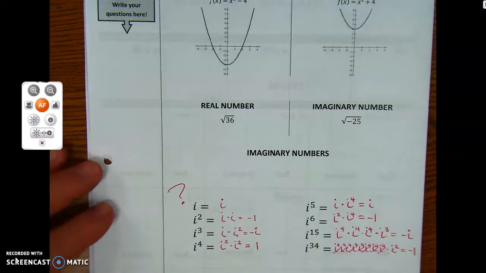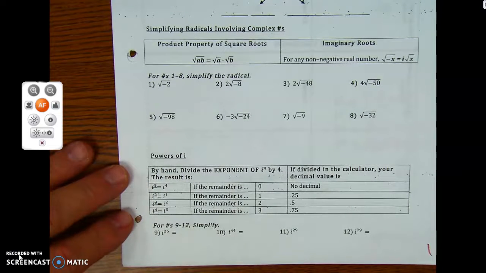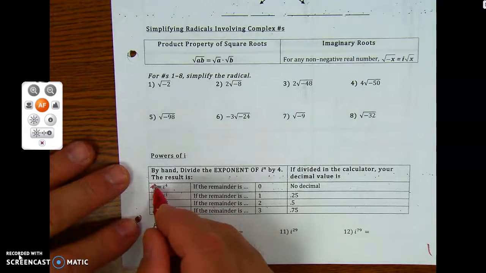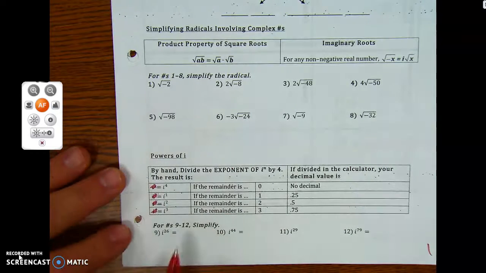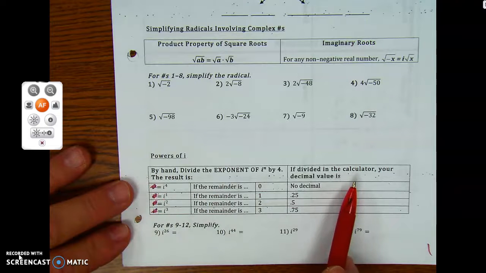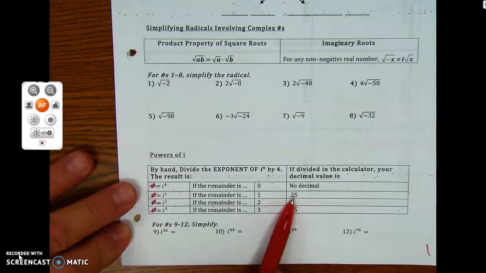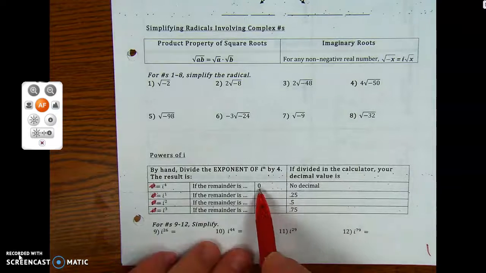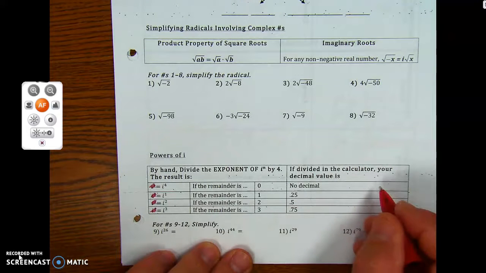Okay? Pause the video. So you saw me just working on exponents a little while ago. Now, mark out this mistake that was on the paper. I fixed it last semester, but if you divide the exponent by 4 with your calculator and then look at the decimal, you'll know what the answer is.